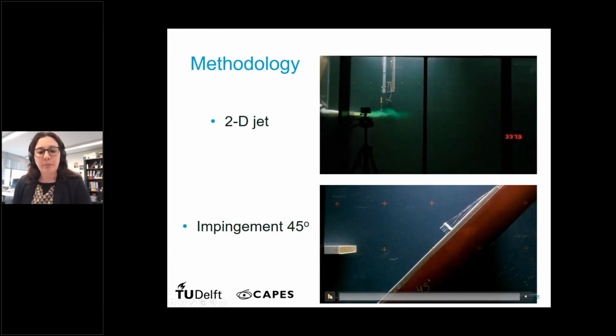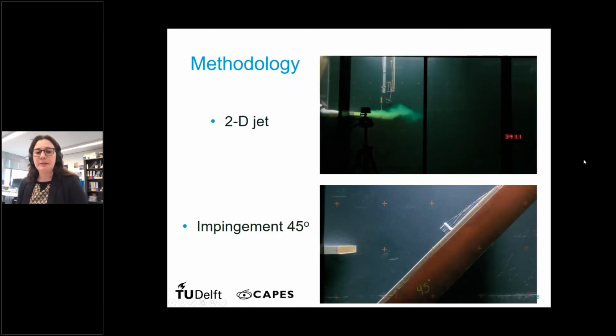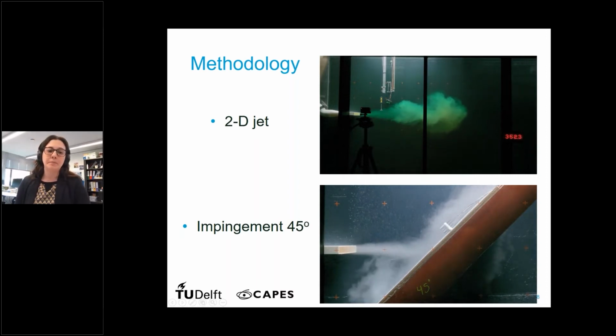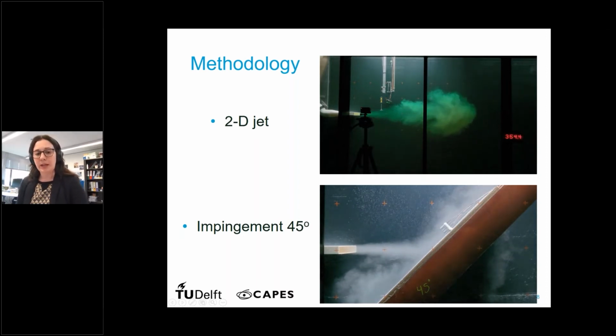We also performed a bunch of experiments to characterize the jet and to confirm that it can be predicted according to the plane turbulent jets theory.